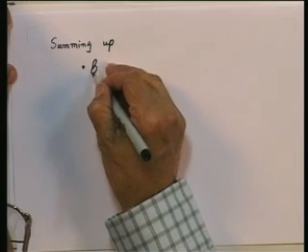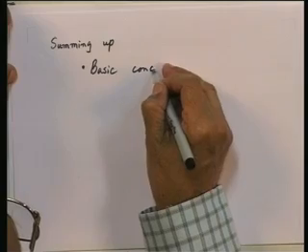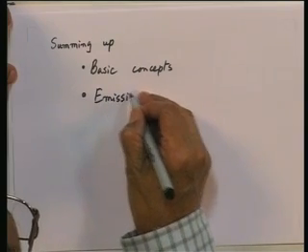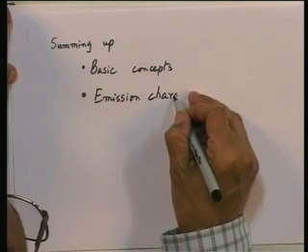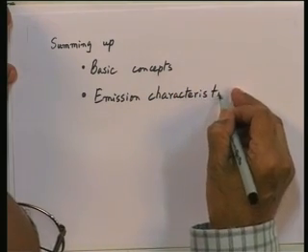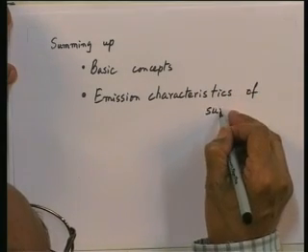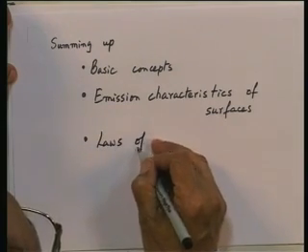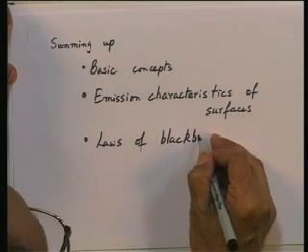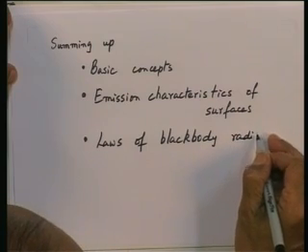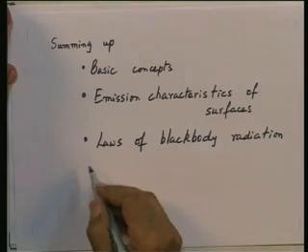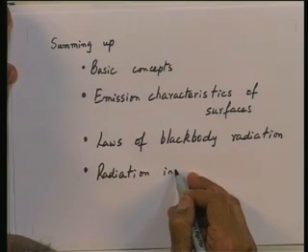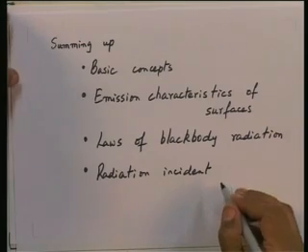We have covered first basic concepts, then we have covered emission characteristics of surfaces, then we have covered the laws of black body radiation, then we have talked about radiation incident on a surface, what happens to it, it is absorbed, it is reflected, etc., and defined terms like absorptivity, reflectivity, etc.